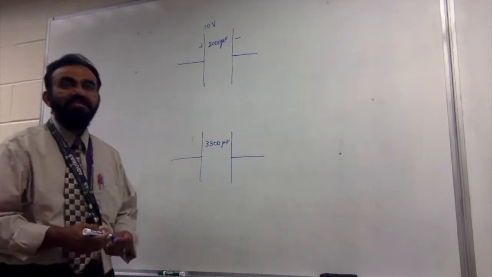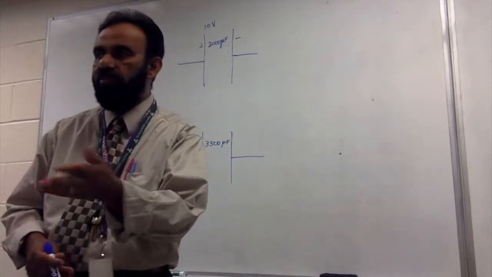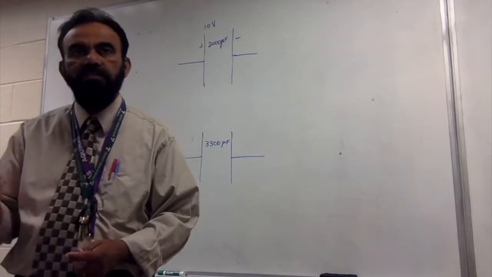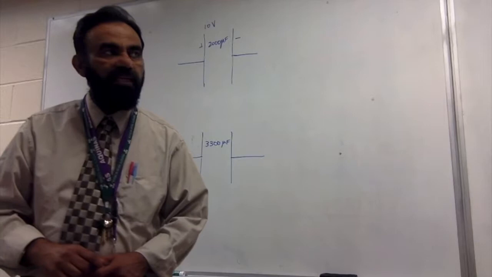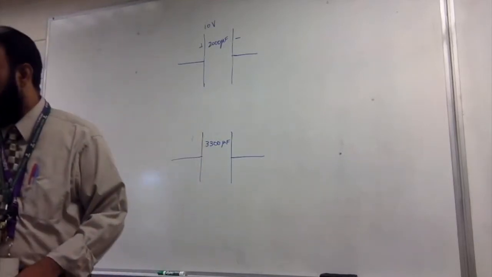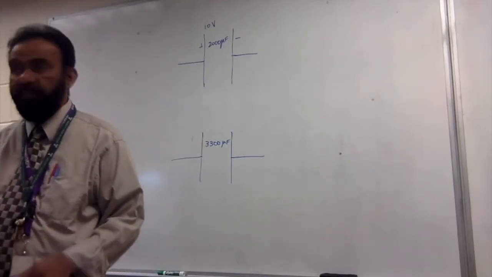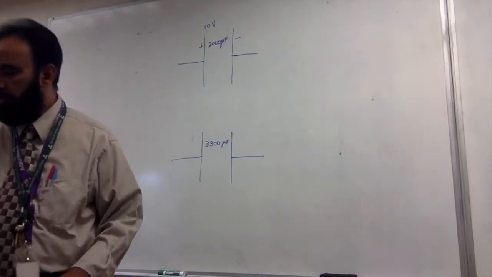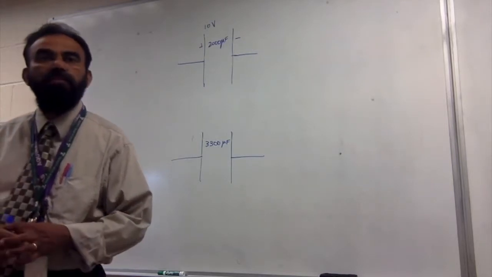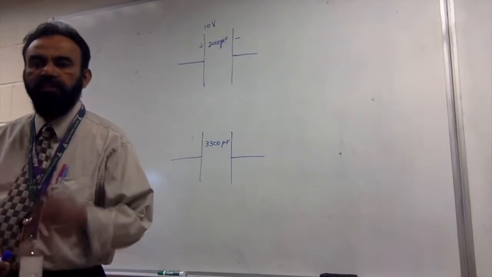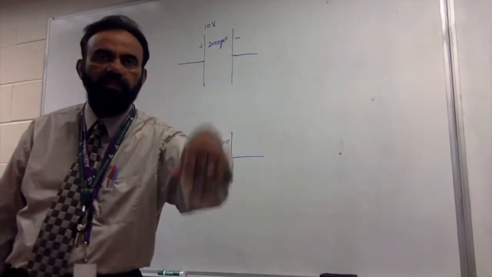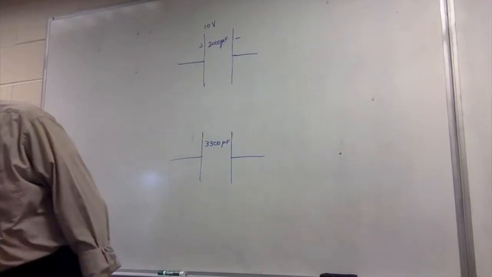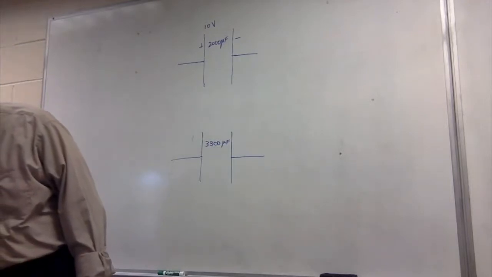See, capacitance has nothing to do with the charge sitting on the plates. Capacitors are passive components. In electricity and electronics, there are some passive components and some active components. Passive components are components that have a fixed value depending on the material, regardless of what current is flowing through. So a resistor is a passive component.